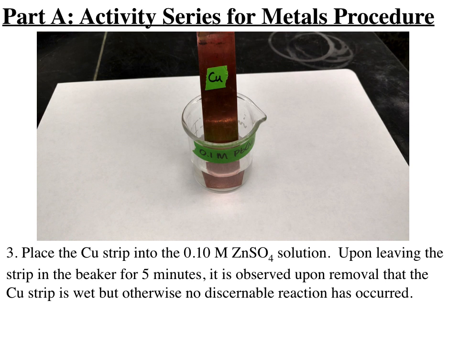There is no obvious evidence that any change has occurred with regard to electroplating zinc out of the solution onto the strip of copper. So our conclusion from this would be something with regard to the activity of the copper compared to the activity of the zinc.